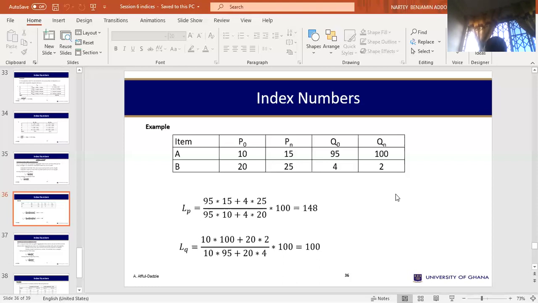So using the formula, for the Laspeyres price and then the Laspeyres quantity, it is just 95 by 15, so QnPn, and then plus 4 by 25 for B. And then you do the same down. So we are just calculating the price and the weight for Laspeyres.